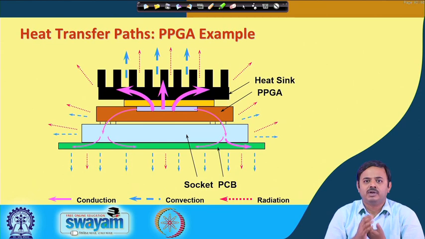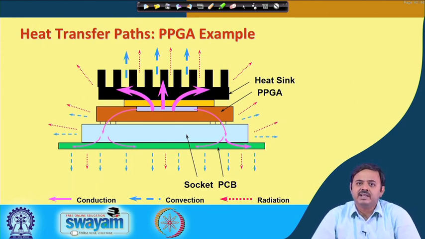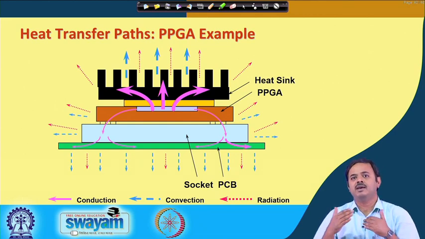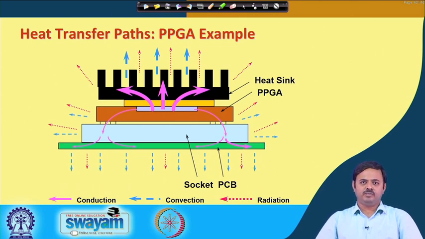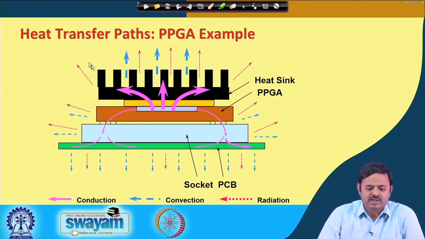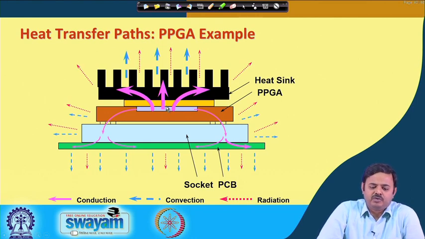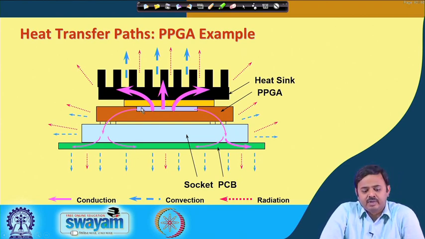It can be a small component, you can neglect it, but if any surface is at a temperature above absolute 0, then it is going to emit radiation. Okay. And then there will be a net radiation heat transfer from that surface to the ambient. Okay. So, that is one path. Through conduction from the silicon to the heat spreader, then to the heat sink, and then by convection to the ambient. What else?